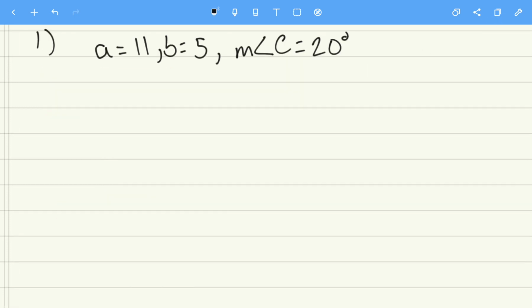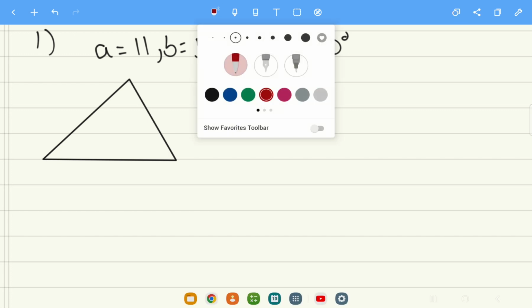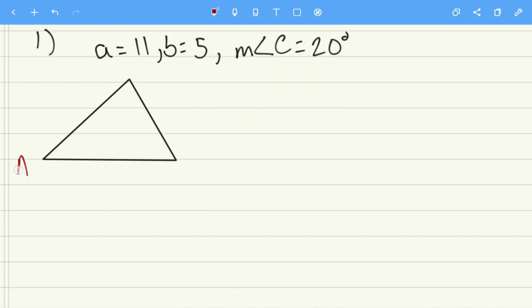So here we are given a triangle. We are given that side a equals 11, side b equals 5, and angle C equals 20. Let's draw this out.